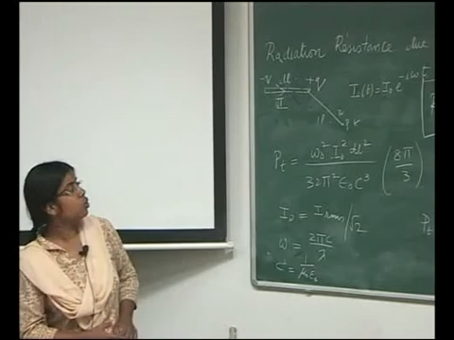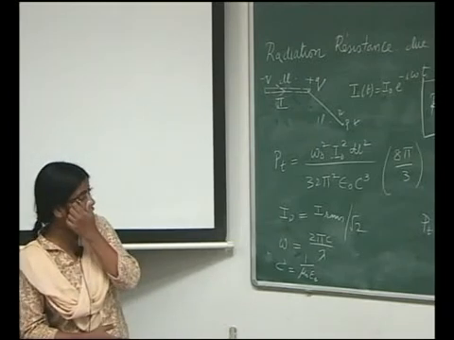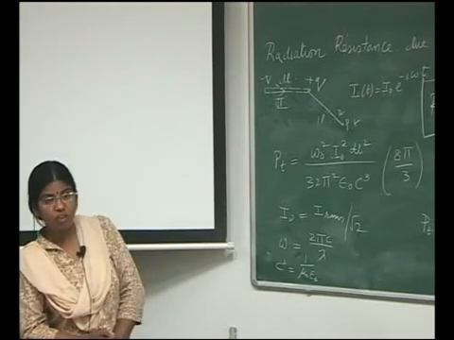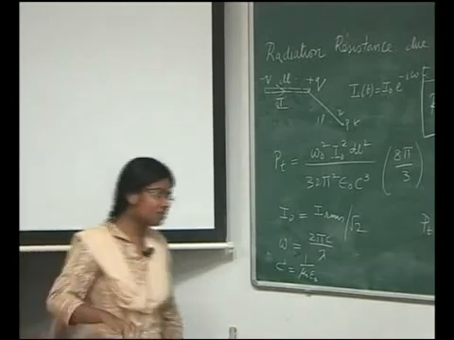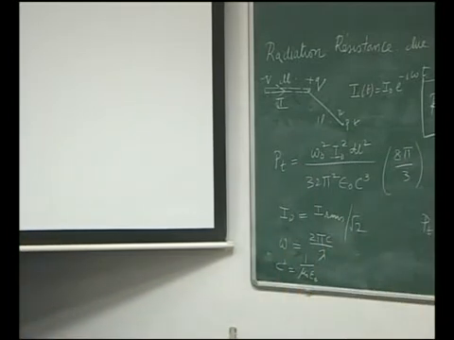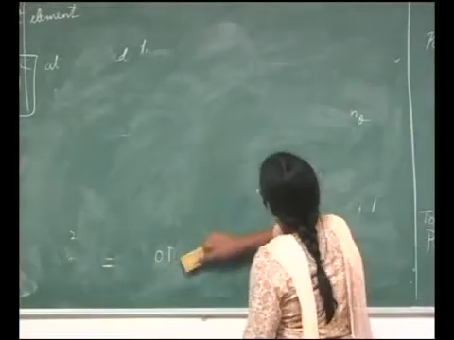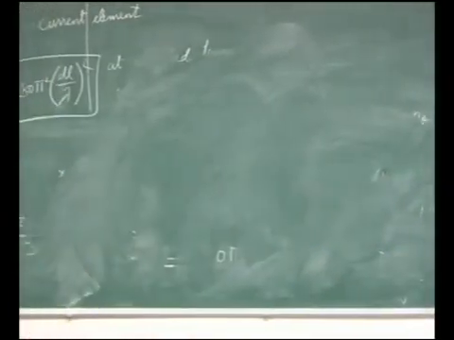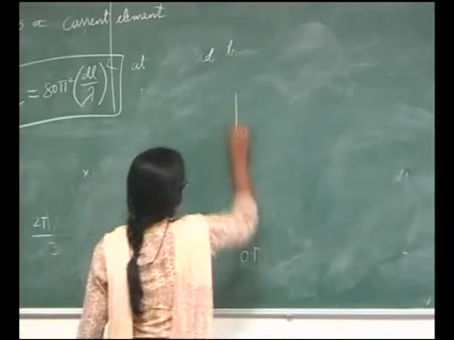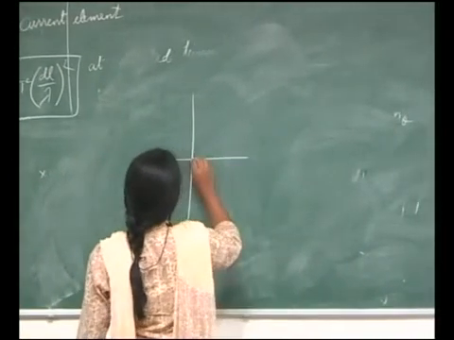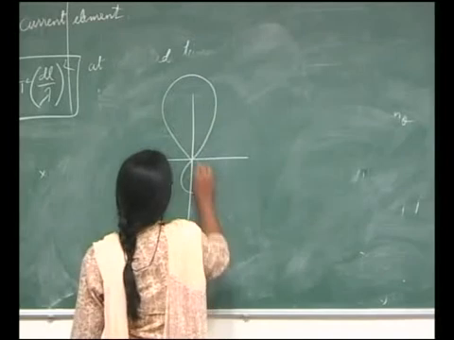Okay. So, now there are a few more things like directivity of an antenna. What is directivity? There are a few definitions. Say my radiation pattern from an antenna is something like this.